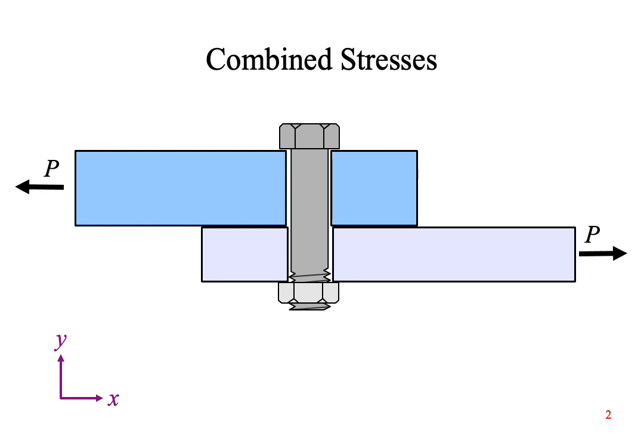There are other stresses that develop in the bolt. If the bolt is tight, then there's a tensile stress in the y direction along the shank of the bolt. Friction between the bolt head and the upper plate and between the nut and the lower plate means that there will also be a torsional stress in the bolt.